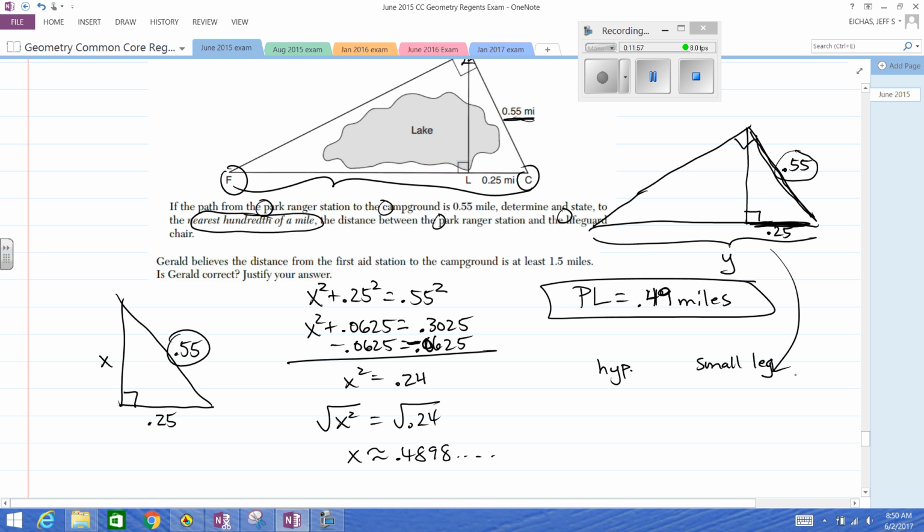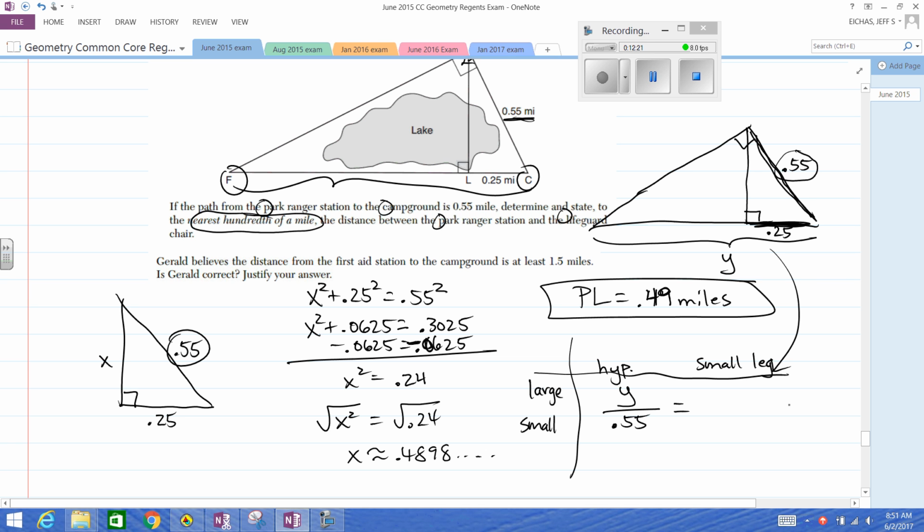We can set up a proportion because we have similar triangles, and that's what we're going to do. Let's put large over small, to give ourselves a key to follow. Let's look at the hypotenuses first. The large hypotenuse is y over the small triangle's hypotenuse, 0.55.